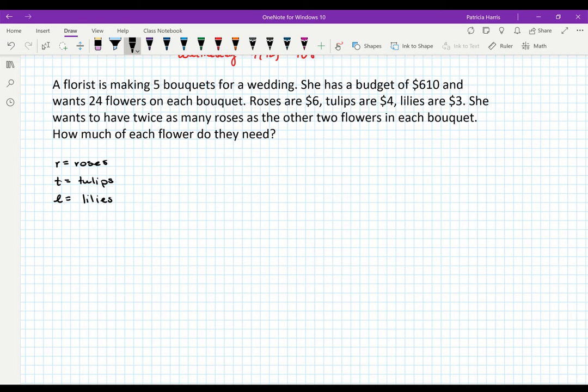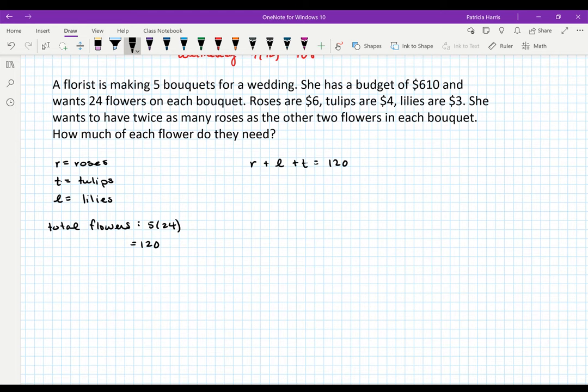If we're making 5 bouquets and we want 24 flowers in each bouquet, the total number of flowers is 5 times 24, which is 120. So we actually have an equation right there: R plus L plus T is equal to 120 flowers.